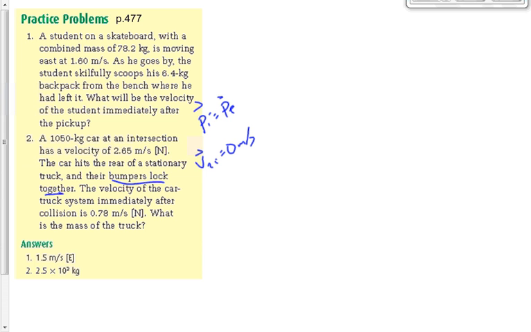All right, let's identify our givens here. I think we got this now. This is going to be M1. We're looking for M2. We've got V1 initial. V2 initial is 0. And what's the 0.78 thing here? V1 or V2?